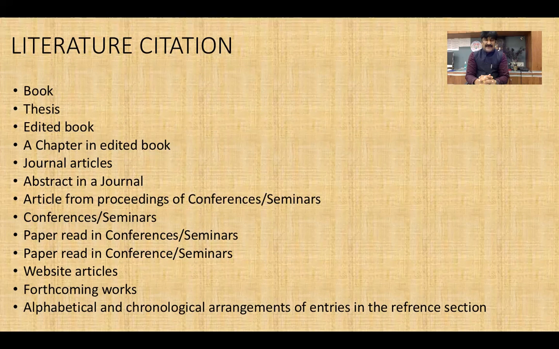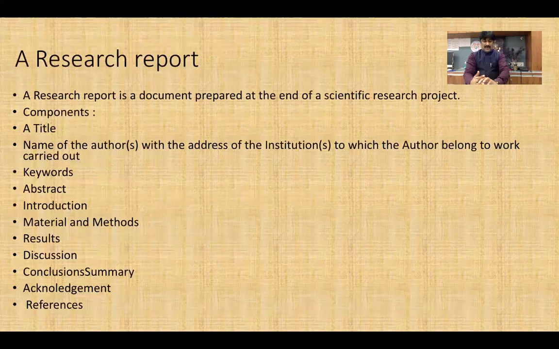When you attend conferences or seminars, you may have research papers or posters or oral presentations. There are also papers read in a conference or seminar, website articles, and forthcoming works that you may collect from various websites or agencies, with alphabetical and chronological arrangement of the entries in the reference sections.